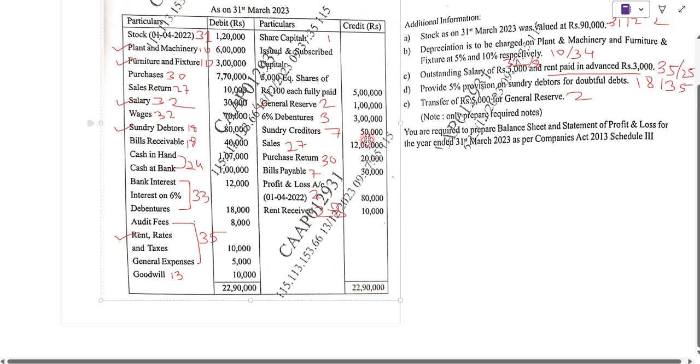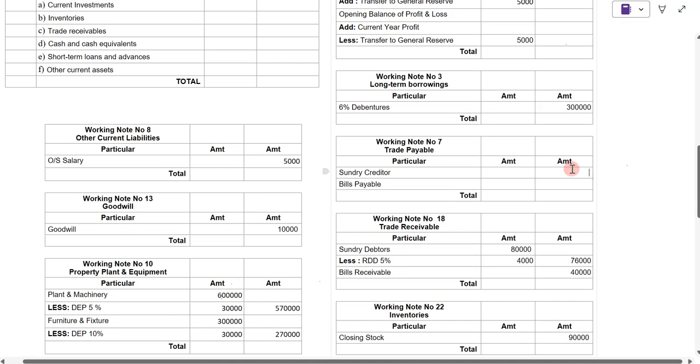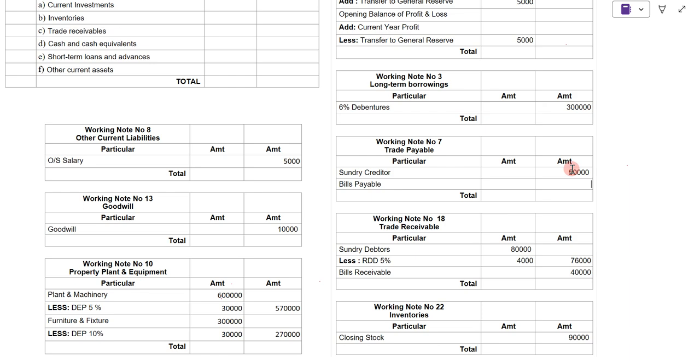Sundry creditors amount is 50,000, bills payable amount is 30,000.